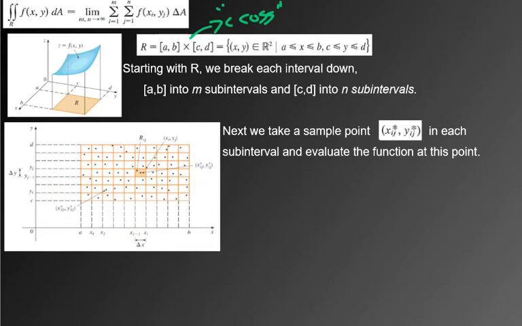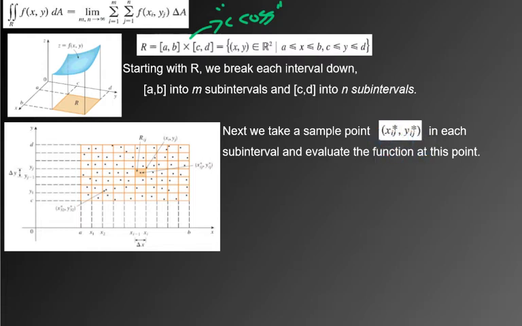You get more entries in your spreadsheet, sort of, right? Whereas before we took a sample point x sub i star, now we're going to take x sub ij star and y sub ij star. J's are just the Y ones and I's are the X ones. So you can see x sub i minus 1, x sub i, y sub j minus 1, y sub j.